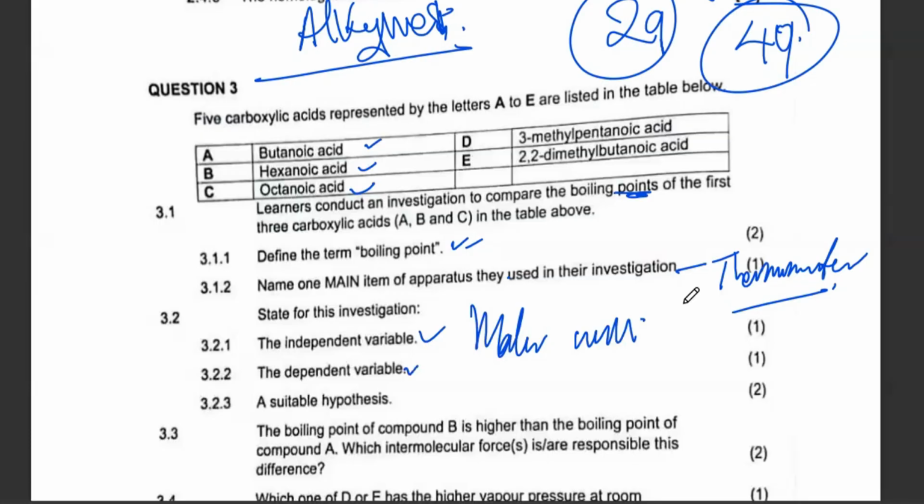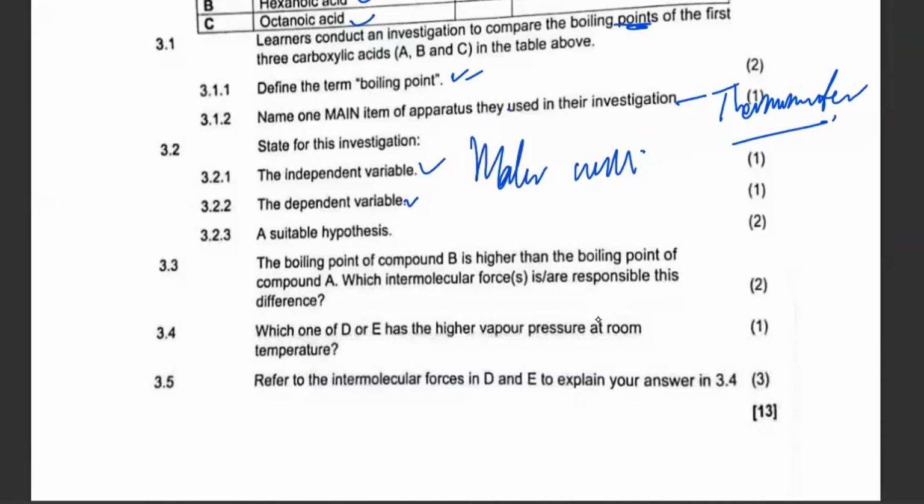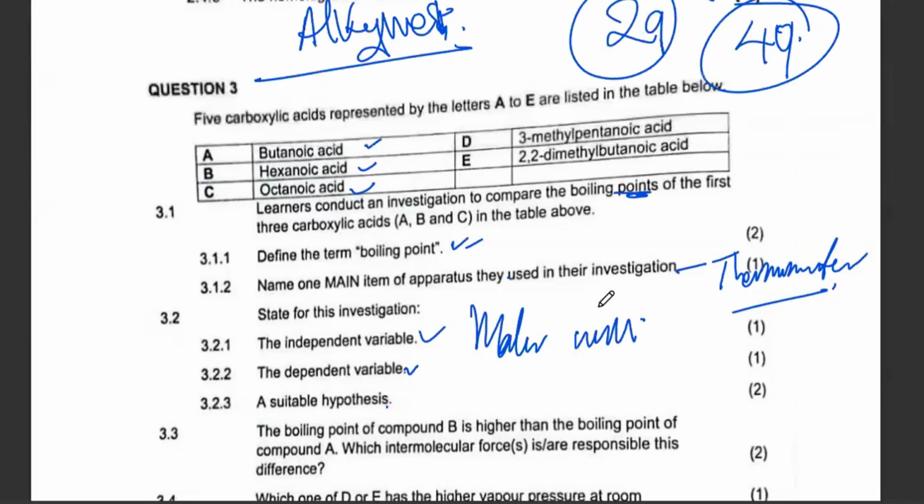So state a suitable hypothesis. Here they want you to talk about a suitable hypothesis. Because we want to compare the boiling point and the molar mass, then you can say that as the molar mass increases, the boiling point also increases.